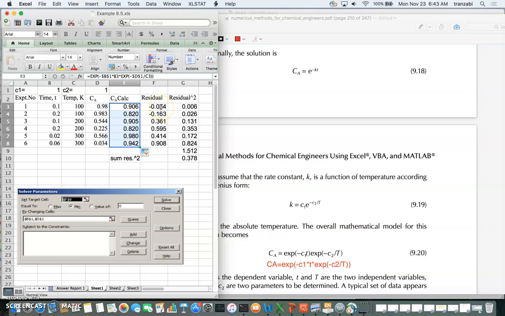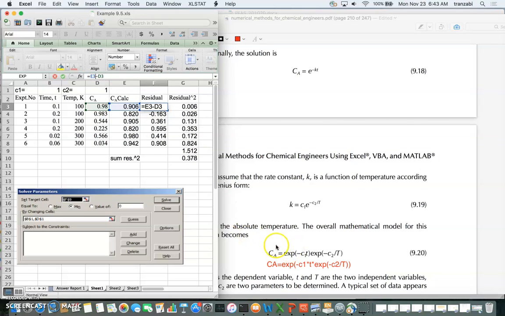Okay, so then I can calculate the residual. So residual is nothing but the difference between left hand side and right hand side. So it's going to be left hand side minus right hand side. So here's left hand side E3, right? So this is the blue cell, which is CA calculated.